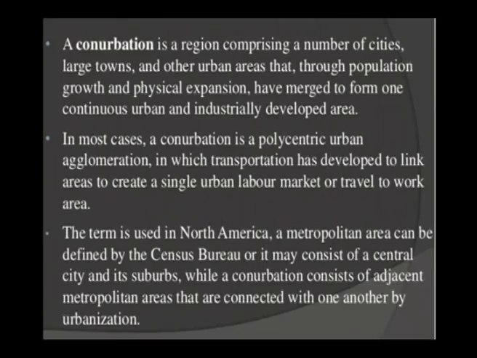The term is used in North America. A metropolitan area can be defined by the Census Bureau, or it may consist of a central city and its suburbs, while a conurbation consists of adjacent metropolitan areas that are connected with one another by urbanization. So, conurbation was a very important concept that Geddes brought forward.